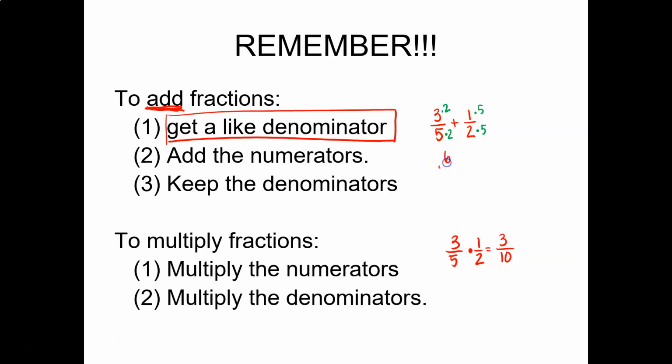So I would have 6/10 plus 5/10. When you add fractions, you add the numerators, but you keep the denominator the same. Do not add that denominator. It's not like multiplying. You don't add straight across.